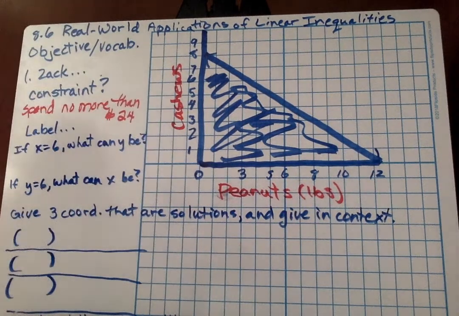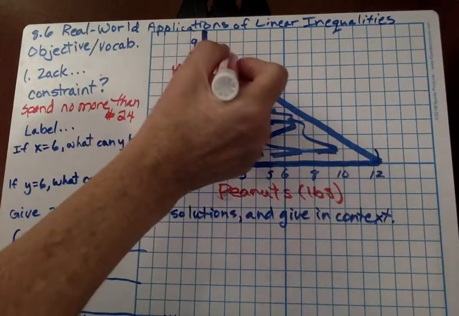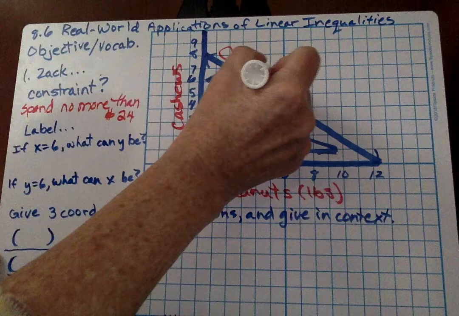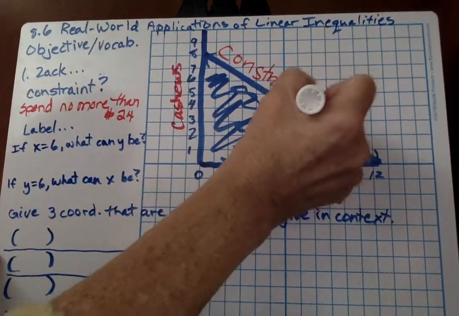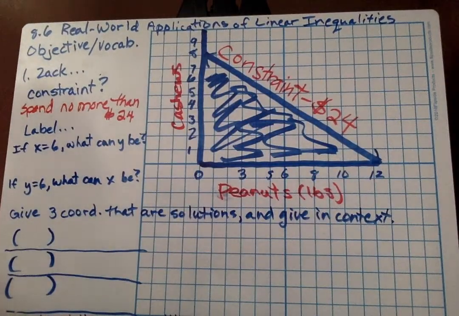So that's the constraint there. So we have cashews, peanuts. So our constraint on the graph is labeled by this. So I'm going to go ahead and put constraint here. $24. There you go.